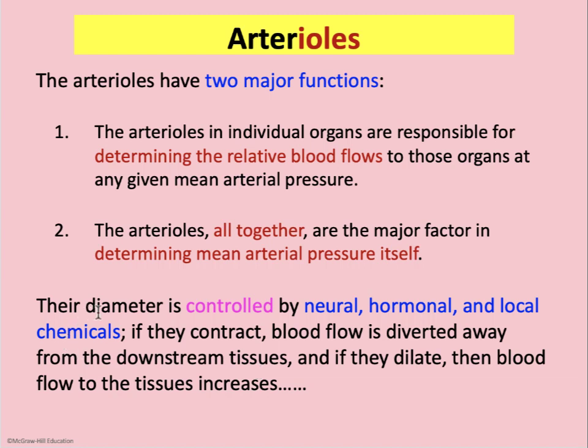The diameter of these arterioles is controlled by three sources, including the nervous system, the endocrine system, and of course local mediators of physiology. A simple variation in the diameter of these blood vessels is required to either increase or decrease blood flow.